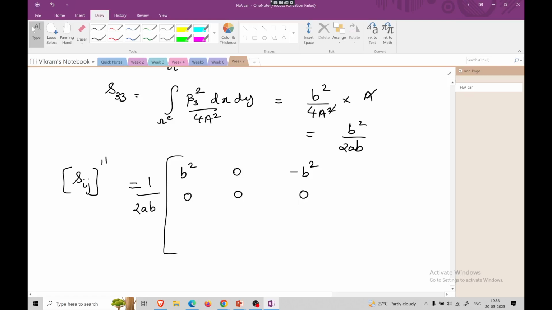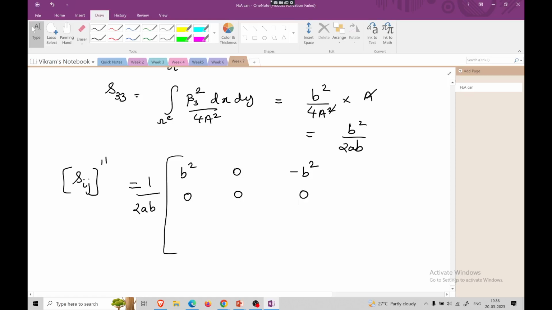So Sij 22 we are going to solve. Sij is simply going to be dou psi i by dou y into dou psi j by dou y into dx dy. So what is dou psi i by dou y? This will be gamma i into gamma j dx dy, correct?